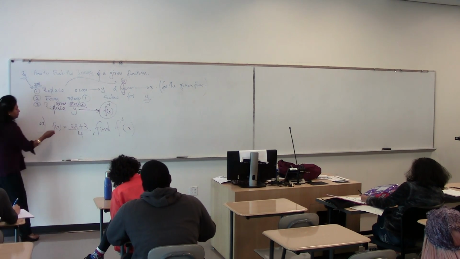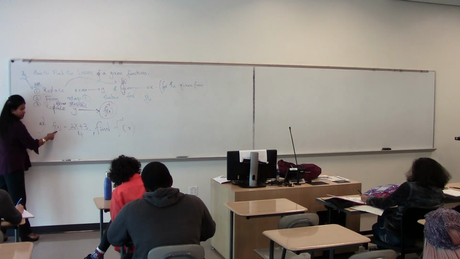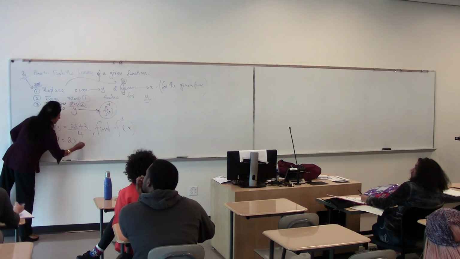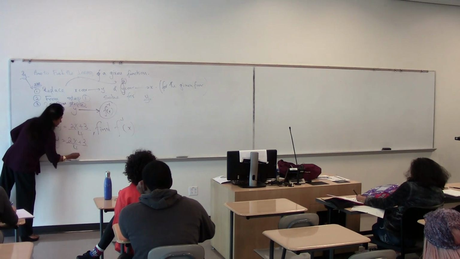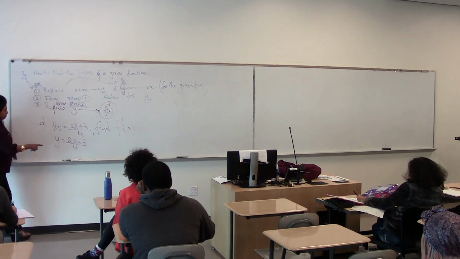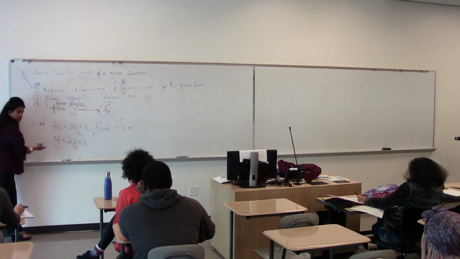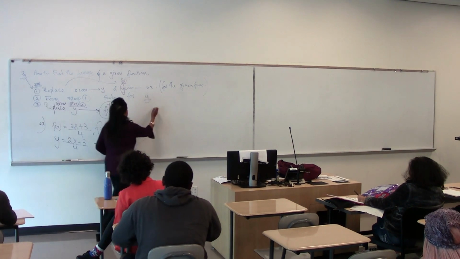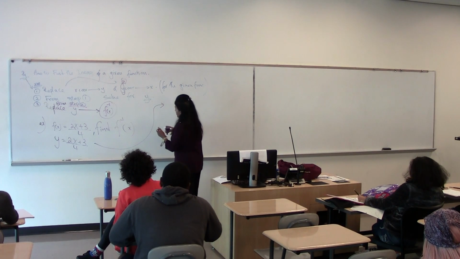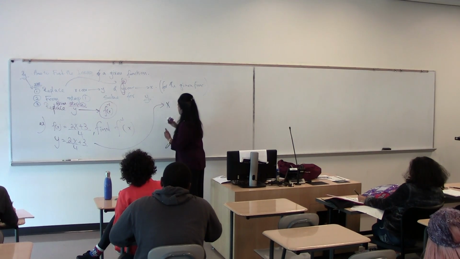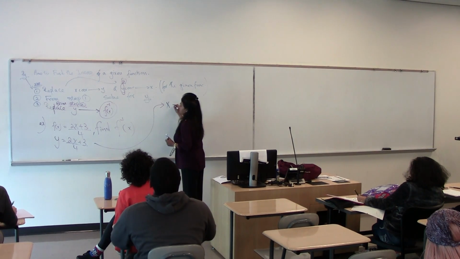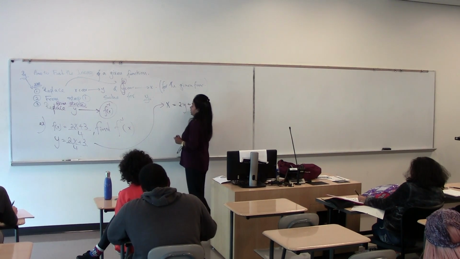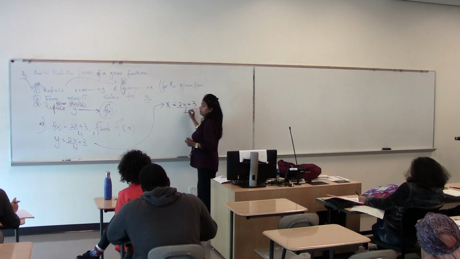So what do you do now? This means y is equal to (2x plus 3) over 4. Next step. x is equal to (2y plus 3) over 4.